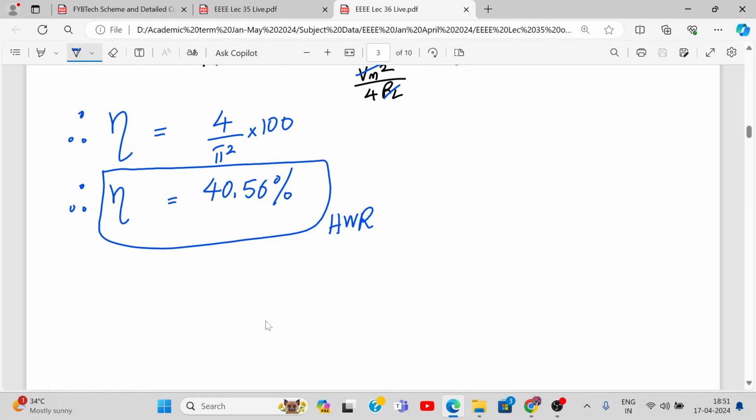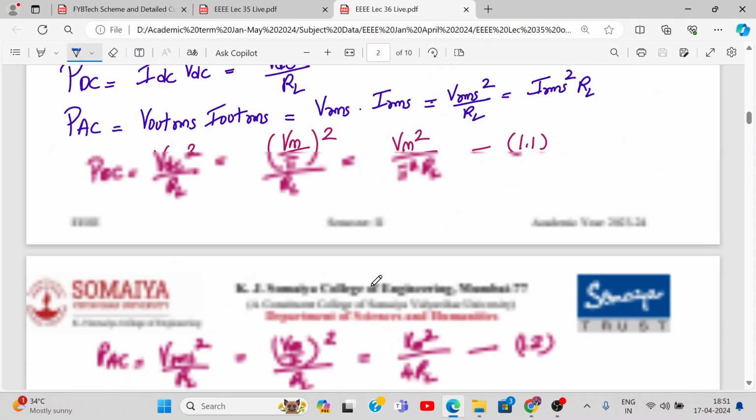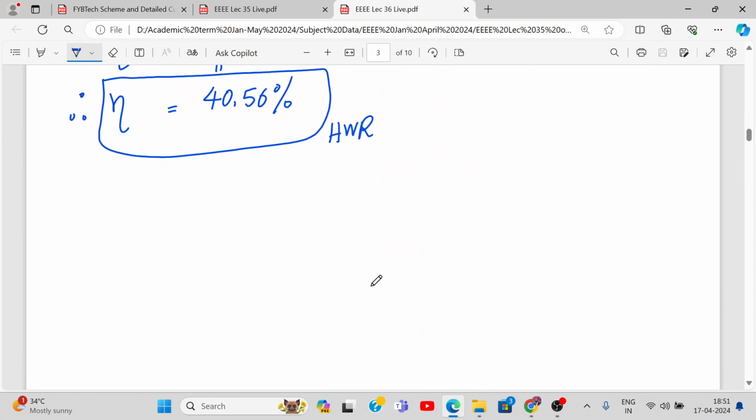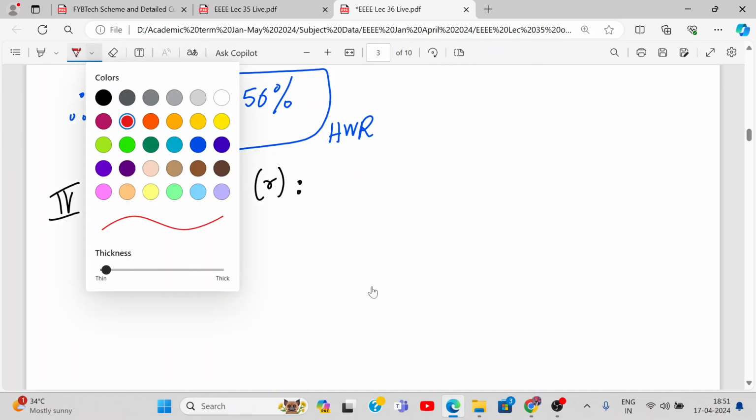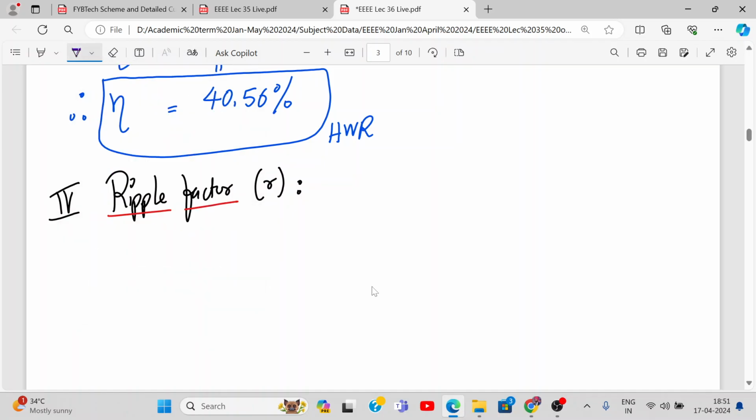Okay, let's start. This is number 4. Ripple factor termed as small r. Write down its definition.